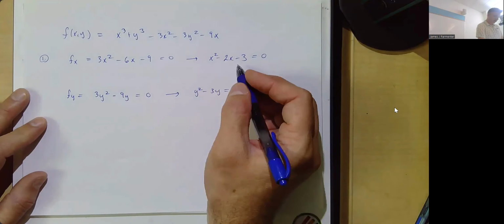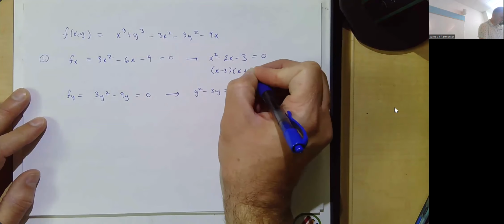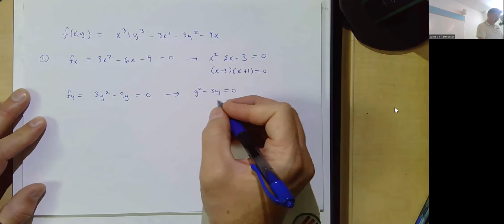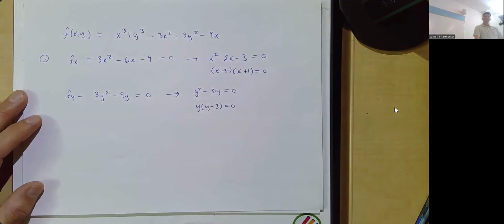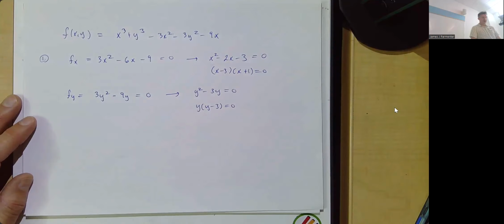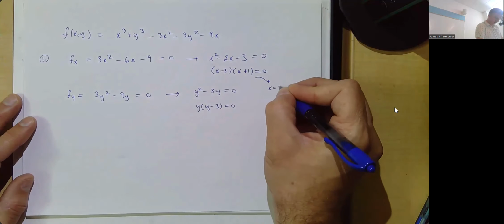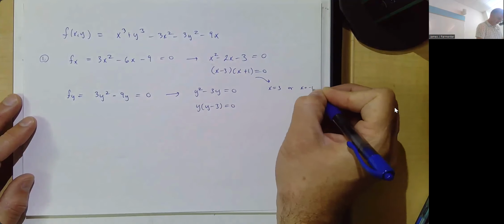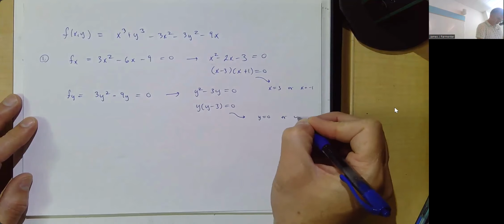So x squared minus 2x minus 3 factors as x minus 3 times x plus 1, and y squared minus 3y factors as y times y minus 3. From the first equation, I get x equal to 3 or x equal to -1. From the second equation, I get y equal to 0 or y equal to 3.